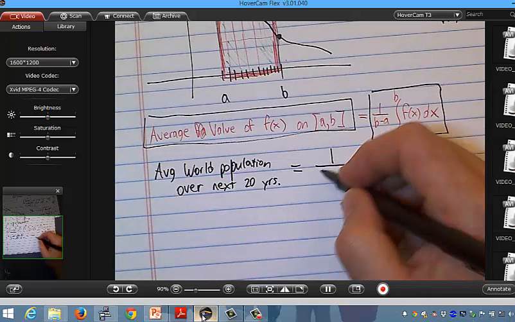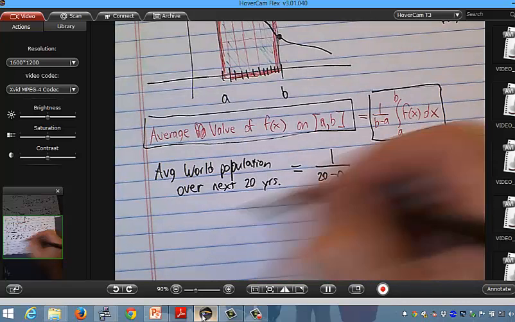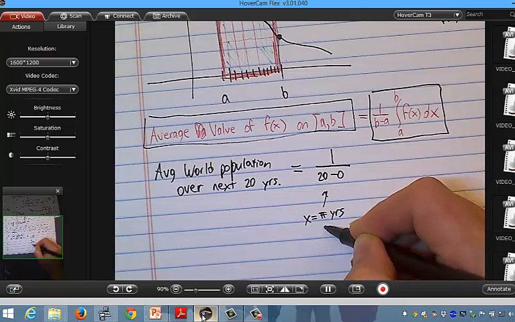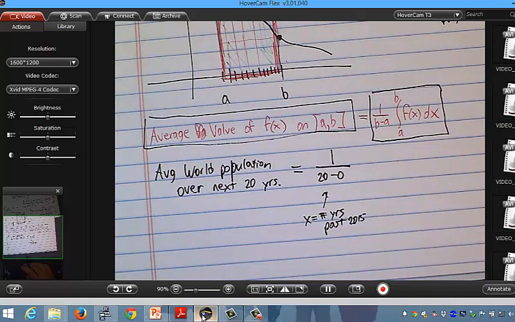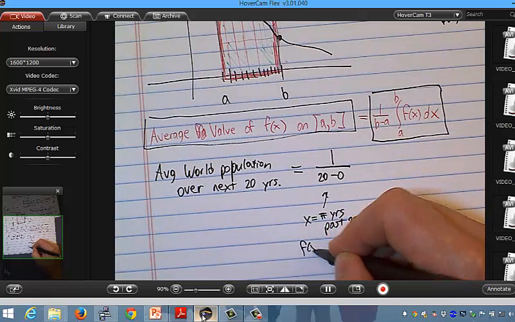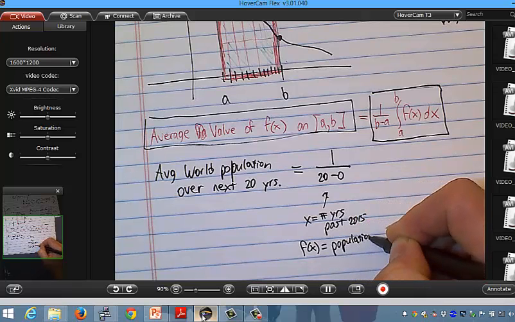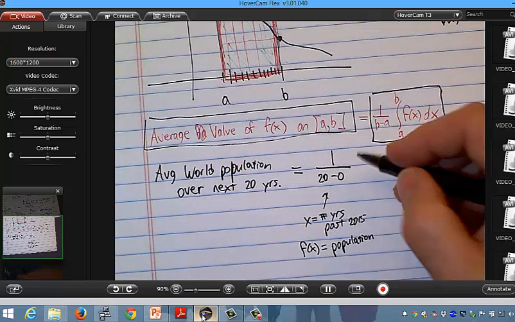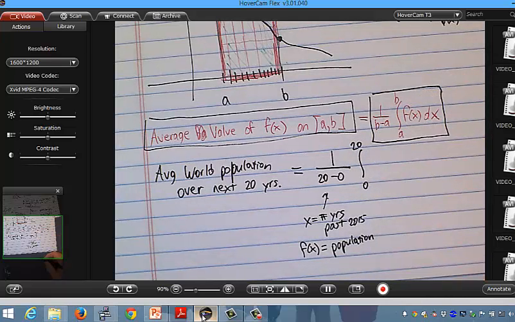Okay. So in other words, x, when we do that, x is the number of years past the year 2015, right? And f of x is going to be my population. Okay. So then we're going to integrate from 0 to 20. Ooh, what do we integrate?